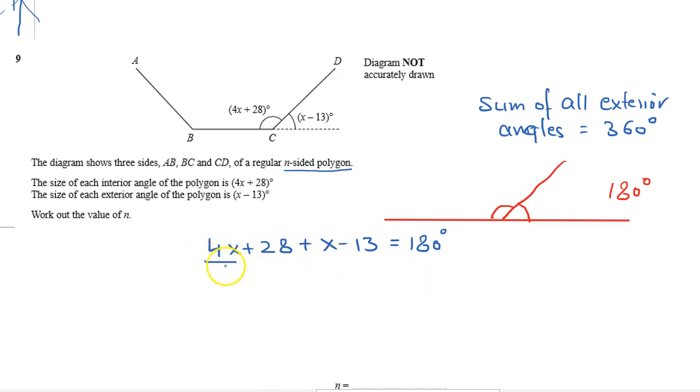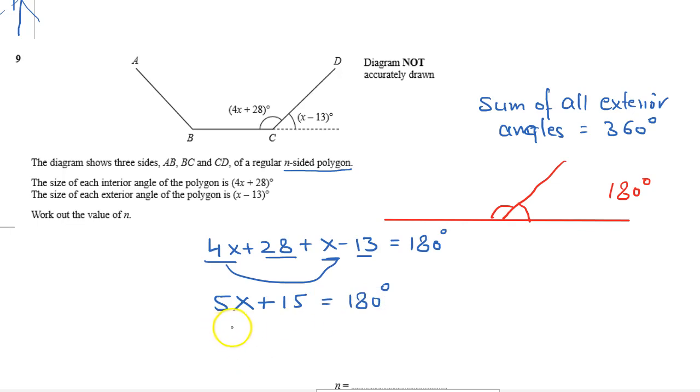So this 4x plus x is 5x. And 28 minus 13, so it will be plus 15, is equal to 180 degrees.